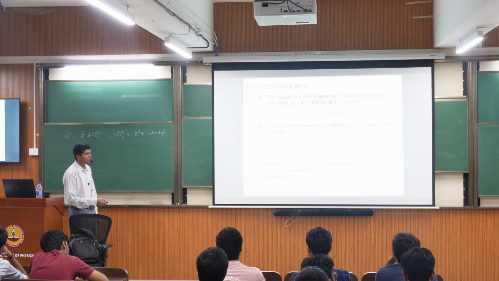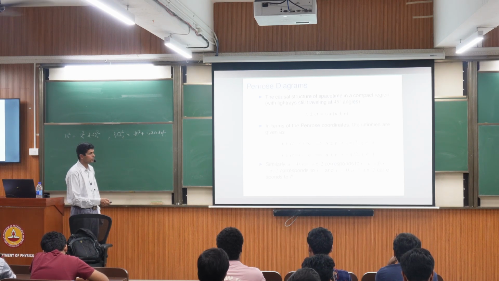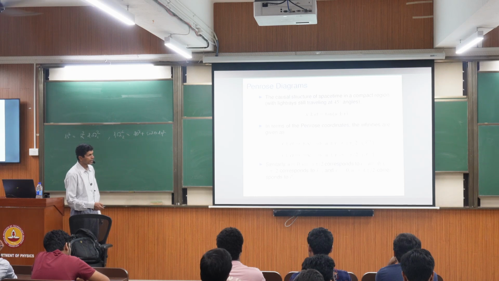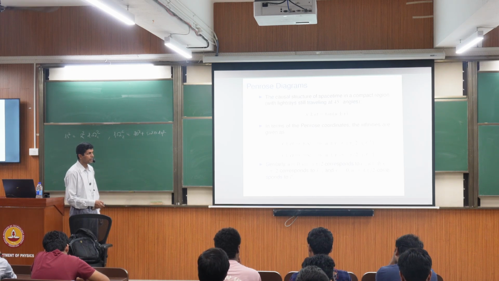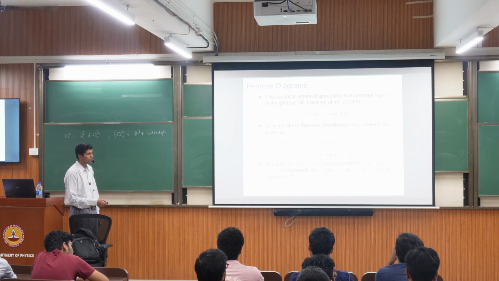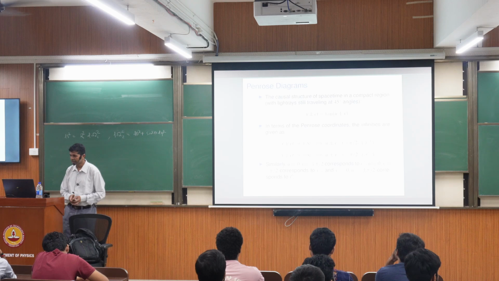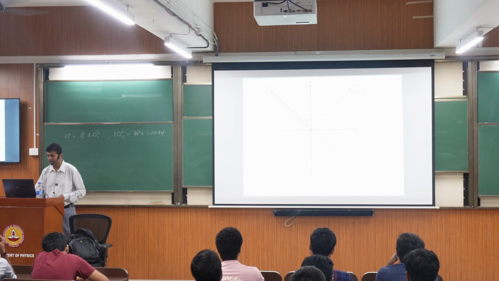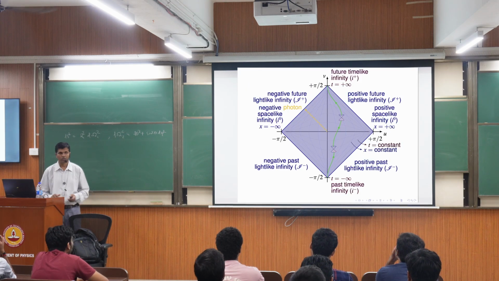Similarly, if you take this to be minus infinity, this corresponds to u plus or minus v being minus pi by 2. And similarly, I plus is where t goes to infinity. T goes to infinity corresponds to u equal to 0, v equal to pi by 2, and so on and so forth. So the picture that I had here is mapped to this compact region here.